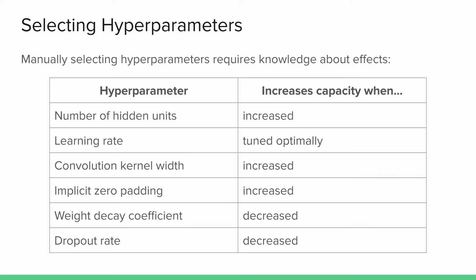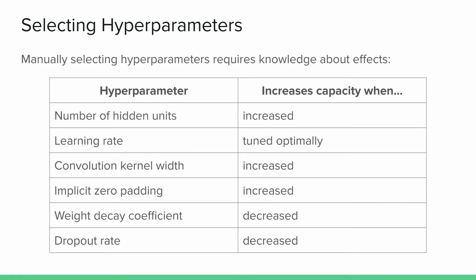One would be the number of hidden units. If you increase the hidden units, you increase the effective capacity. If you want the ideal capacity, you should find that sweet spot of the learning rate that we've seen before. It shouldn't be too high, it shouldn't be too low, it should be at that optimal value.